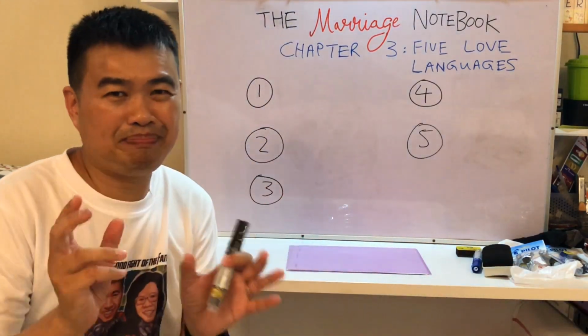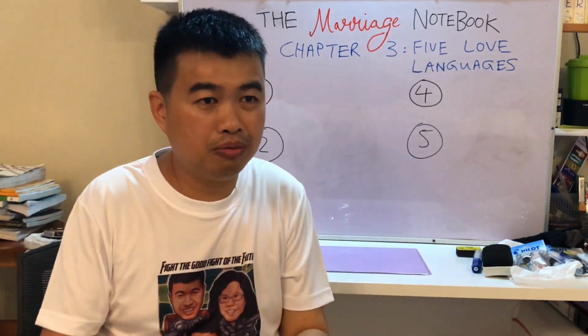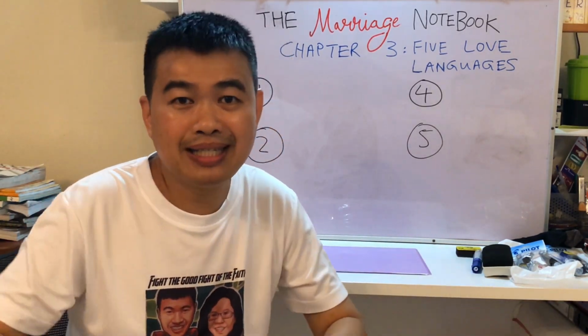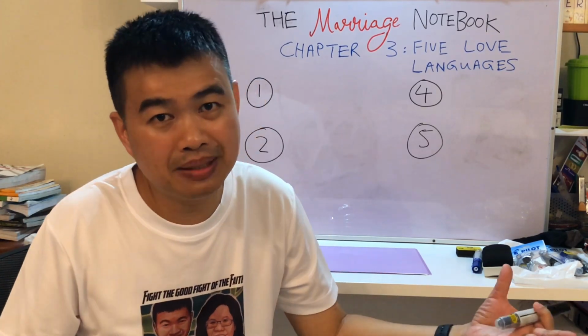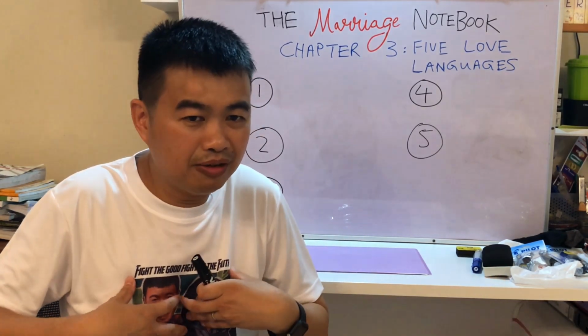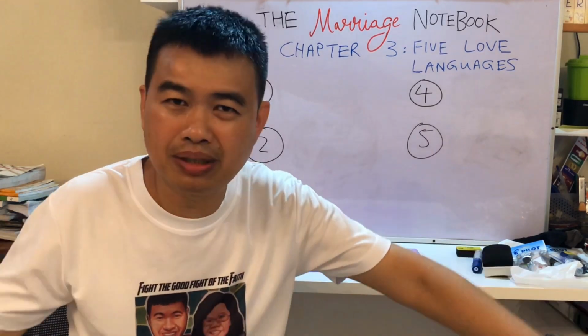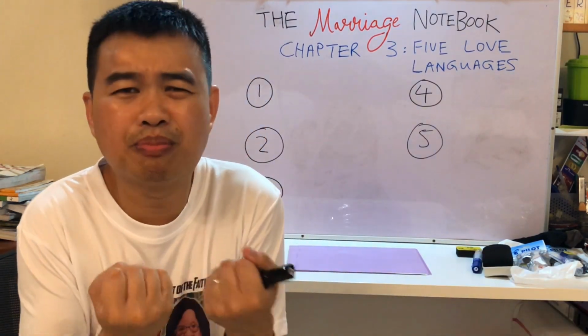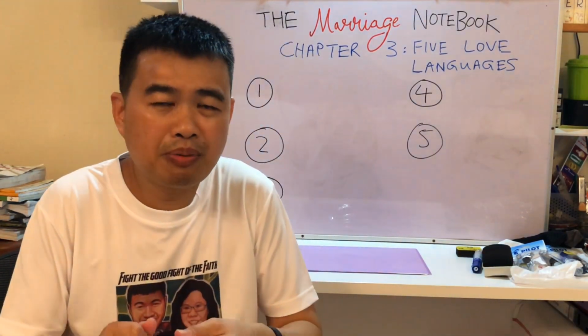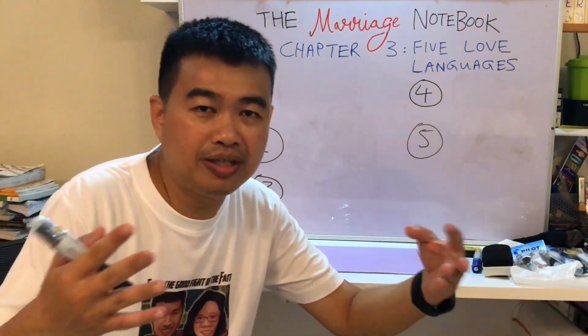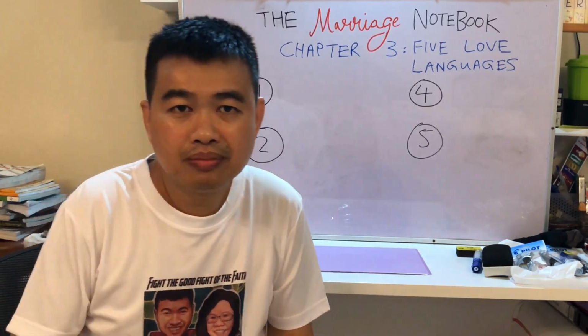Let me give you a very typical example at home. Usually a wife will do a lot of the housework as a sign of love to the husband. But a husband may not feel love from all the housework that she does, because that's not his primary love language. His primary love language could be other languages like physical touch or gifts.